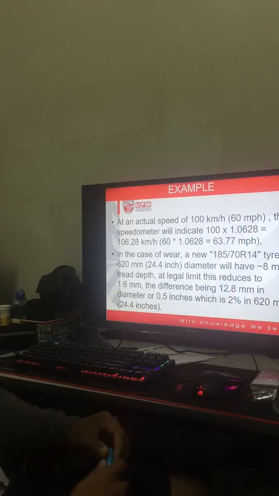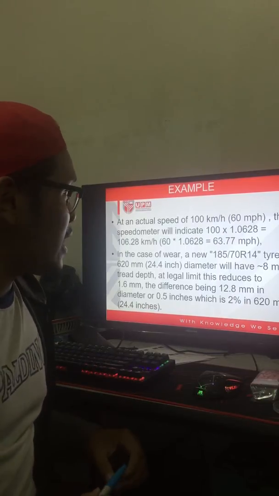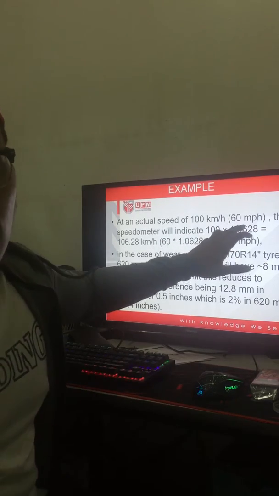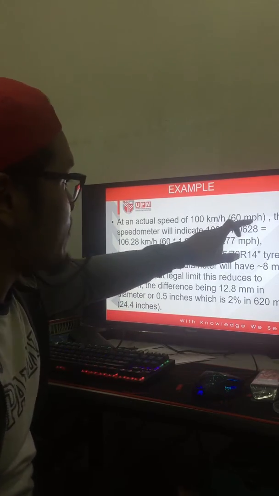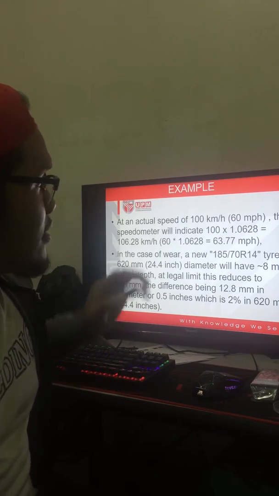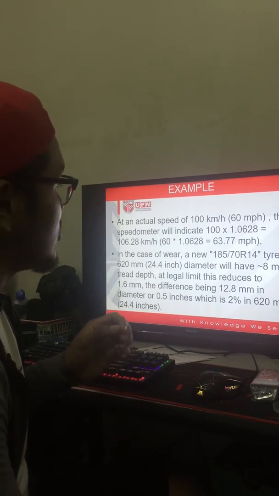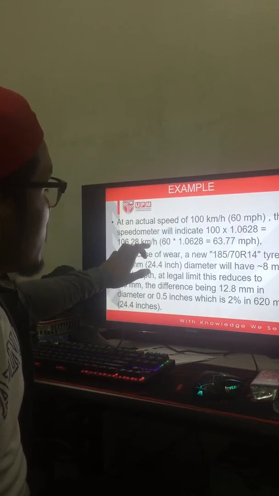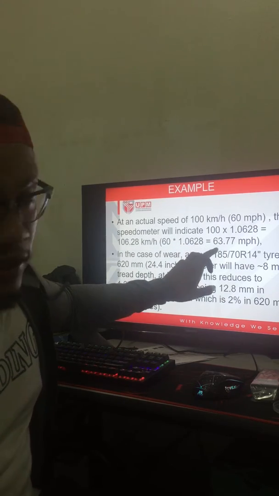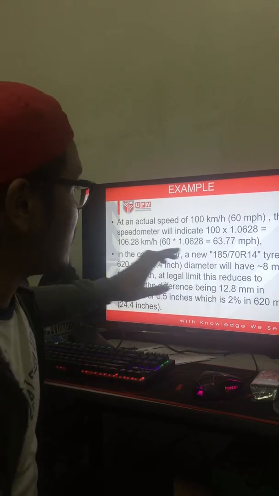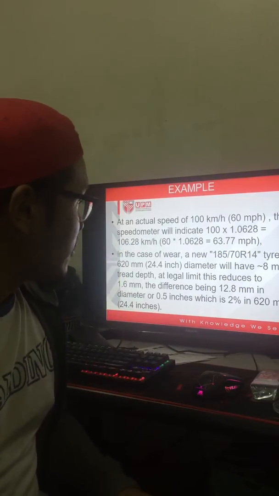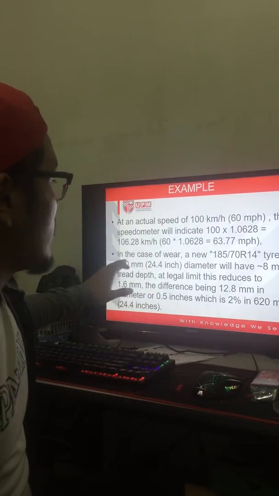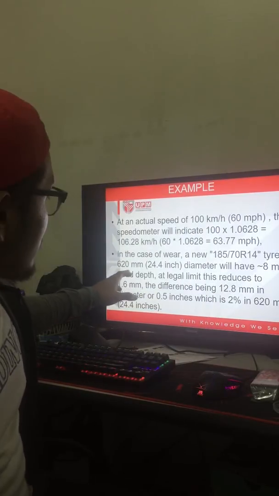For an actual speed of 100 km/h, or we can convert it to miles per hour, 60 mph, the speedometer will indicate 100 times 1.0628, which is 106.28 km/h, equivalent to 63.77 miles per hour.